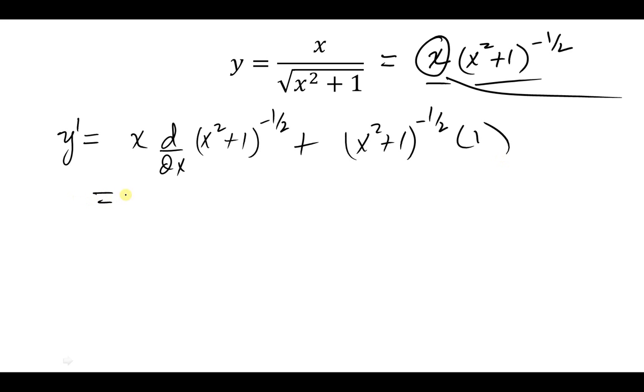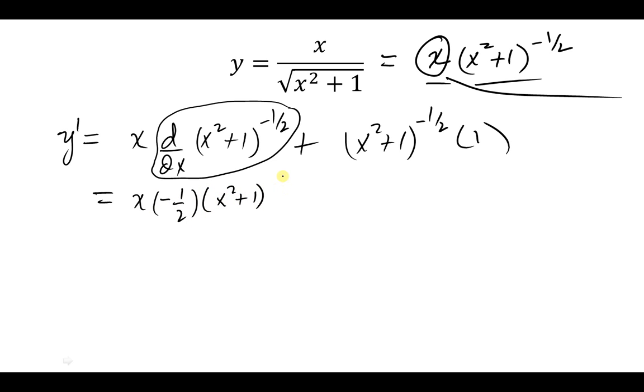Now to get this first portion, to take this derivative, we'll go ahead and write down the x and take the derivative of x squared plus 1 to the minus 1/2 power. And using the chain rule, we're going to take the power, minus 1/2, times x squared plus 1 to the minus 1/2 minus 1, which is minus 3/2.